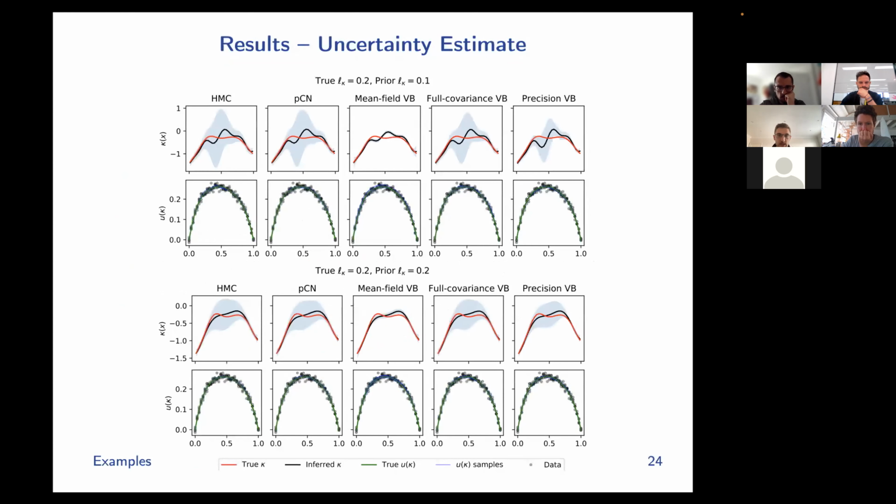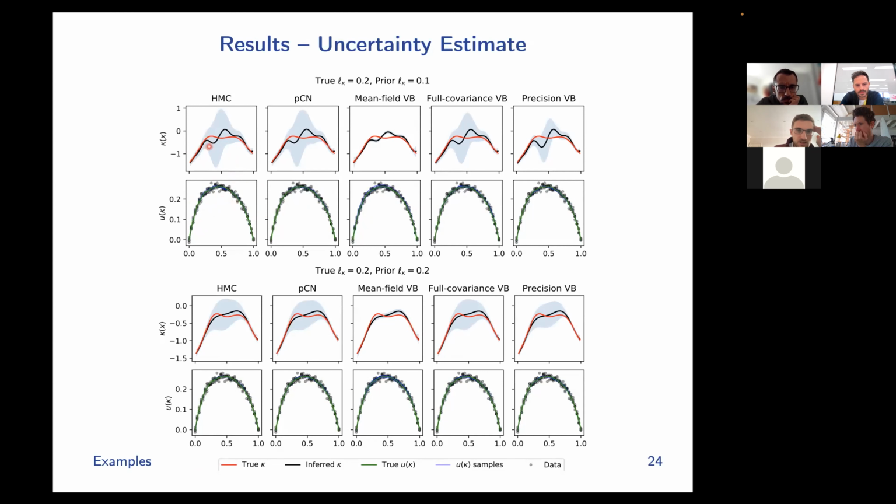Here we have the results. In the second row of this figure, the gray dots are the measurements that we obtain, and we are trying to find the posterior distribution of kappa, which is in the top row.